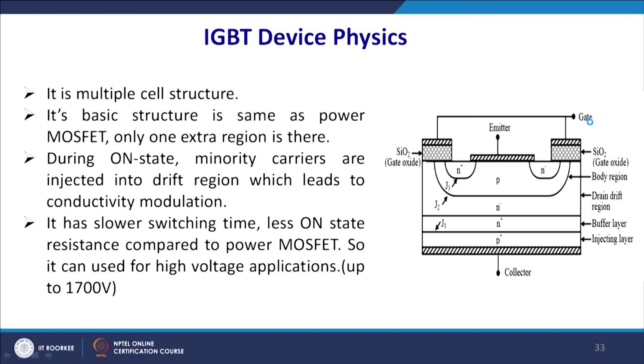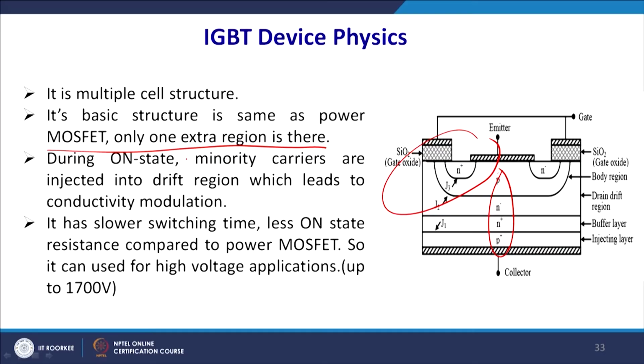This part is a transistor and this part is essentially the MOSFET. It has a multi-cell structure. So, it is a combination of the MOSFET and the BJT. The basic structure is the same as the power MOSFET, only one extra region is there.